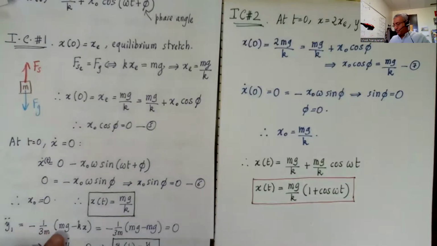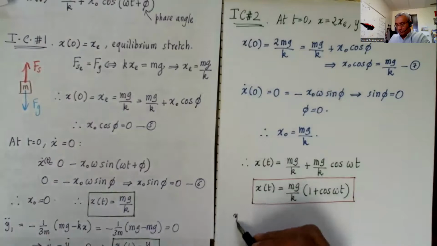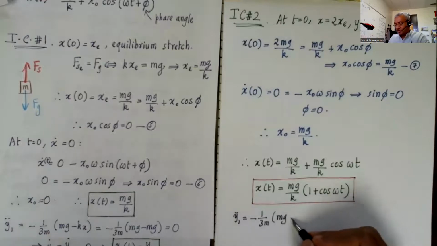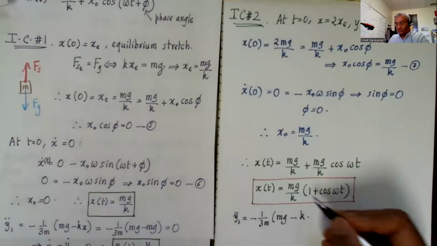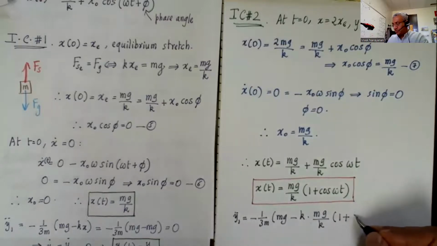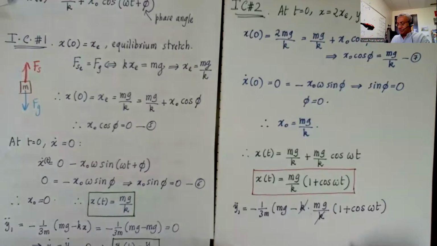It's this one here. Let's grab that equation. Y1 double dot equals negative 1 over 3m times mg minus kx. That's k times all of this. Mg over k, 1 plus cosine omega t. The k's cancel out. So I can also cancel out the m's.